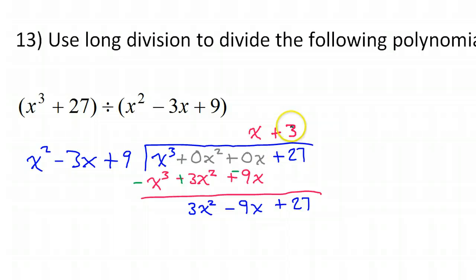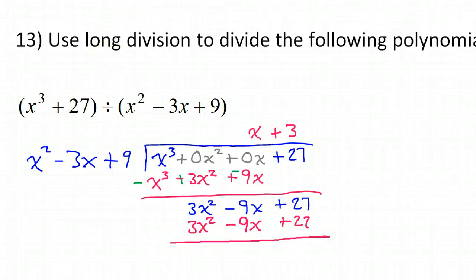Now I will take that 3 and I will distribute that 3. So 3 times x squared, of course, is 3x squared, just like we planned. 3 times negative 3x is going to be negative 9x. 3 times 9 is 27. So we will subtract by changing the signs.